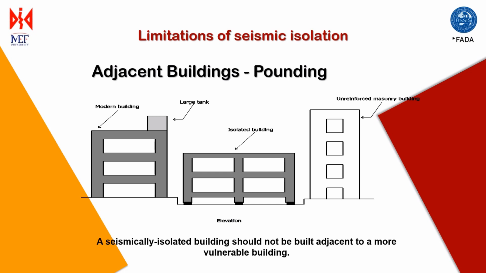A seismically isolated building should not be built adjacent to a more vulnerable building. All buildings must be set back on their sides to avoid pounding neighboring buildings. For seismic isolated buildings, almost all horizontal movements occur at the plane of isolation.